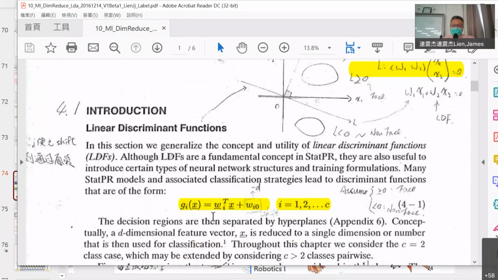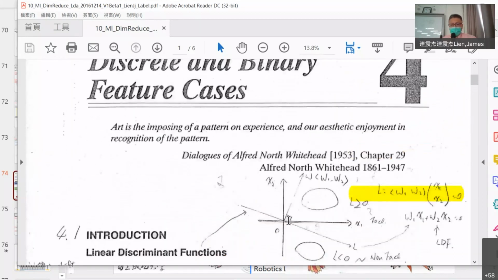combination. In this linear combination, W is a projection weight coefficient. Suppose any function equals ax plus by plus c, right? A line, any line.